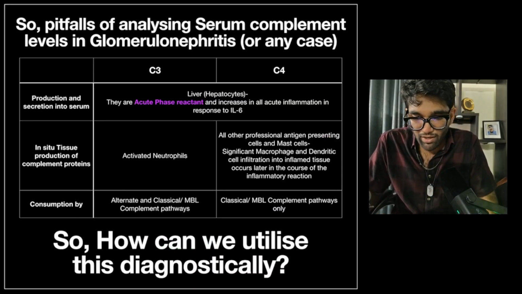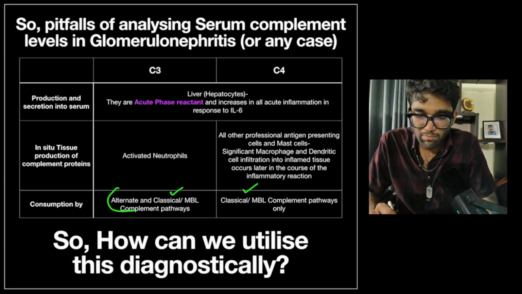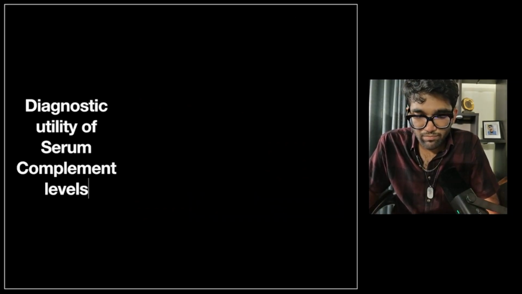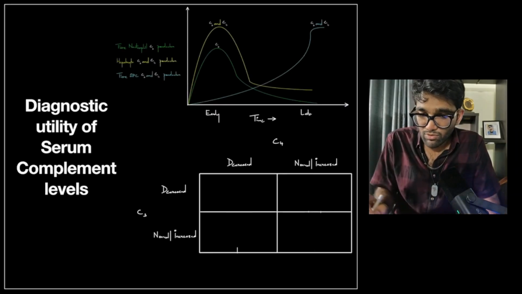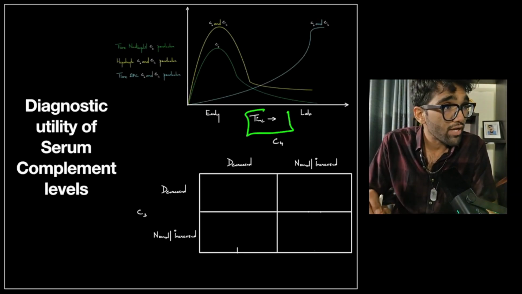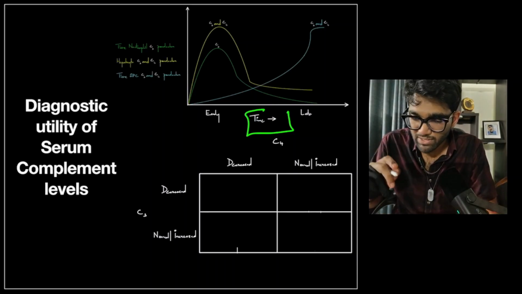As we've just discussed, your C3 and C4 are consumed by the classical and MBL pathways, and the alternate pathway only consumes C3. What I like to do is visualize it using this graph, which shows time versus the concentration of production of C3 and C4 from different cell types.